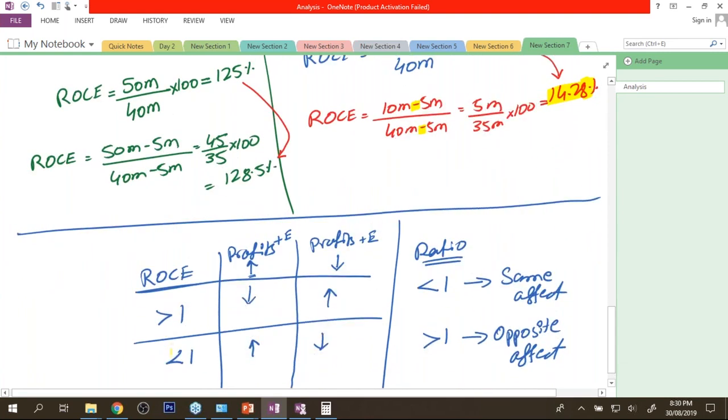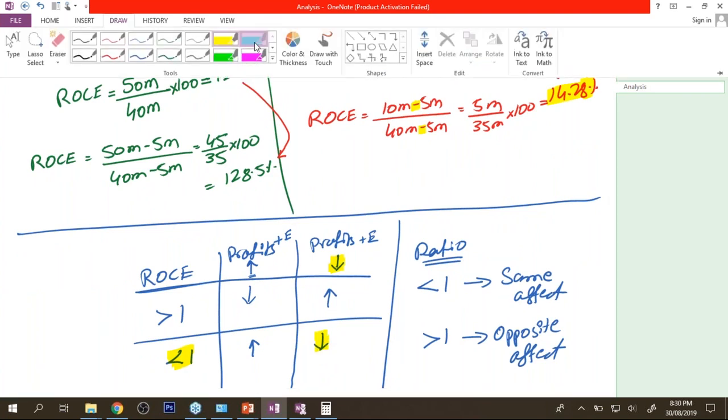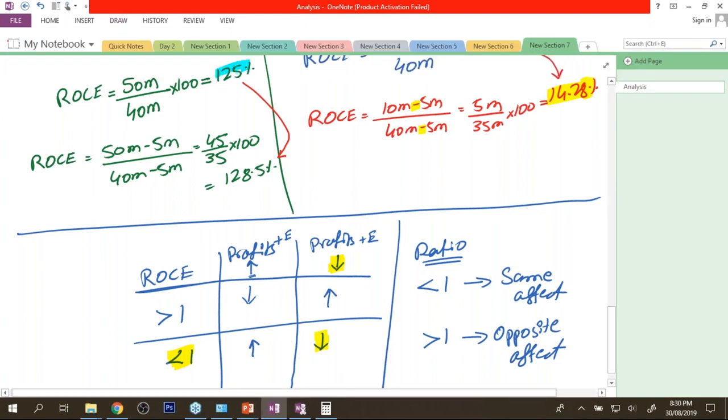It was less than 1, decrease in profits, decrease the ROCE. And when my ROCE was above 100%, which means 1.25, the decrease in profits actually increased the ROCE, because our ROCE was more than 1.